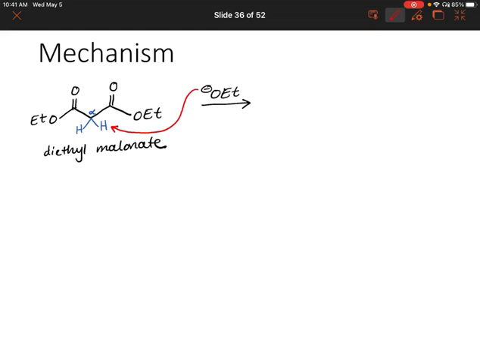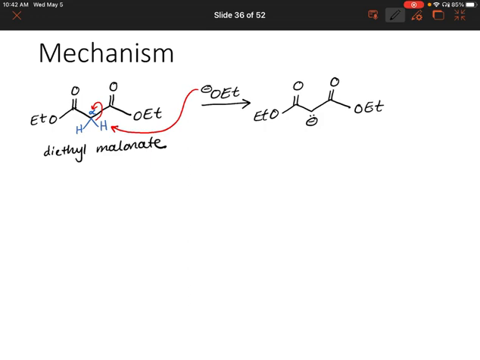That alkoxide base is going to grab a proton and electrons will be left behind on the alpha carbon. Again, this conjugate base that we're forming, the enolate, is very stable.